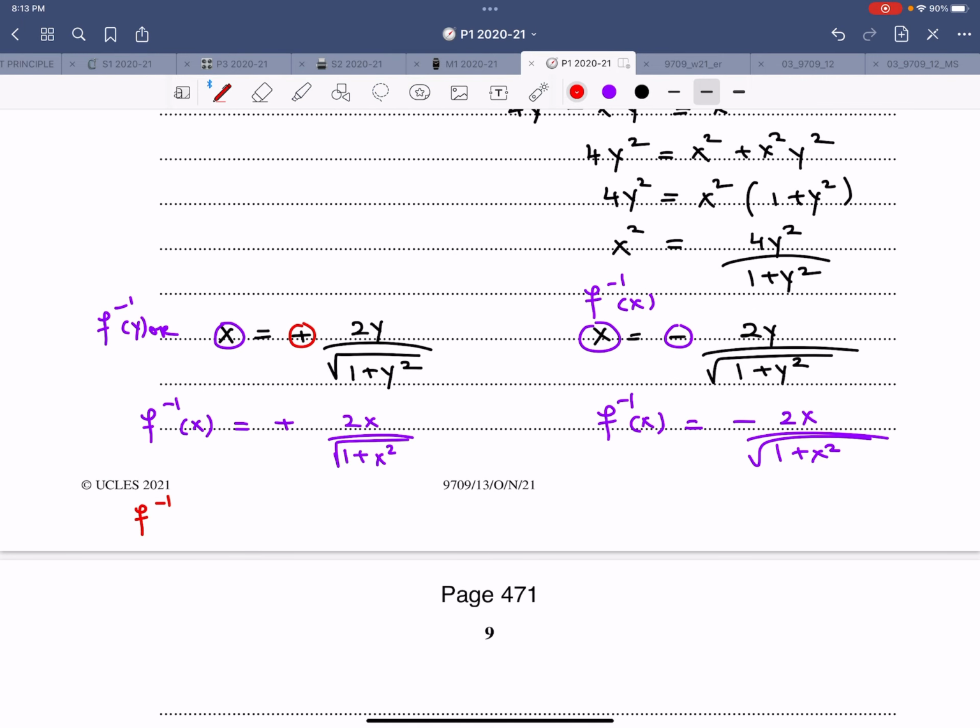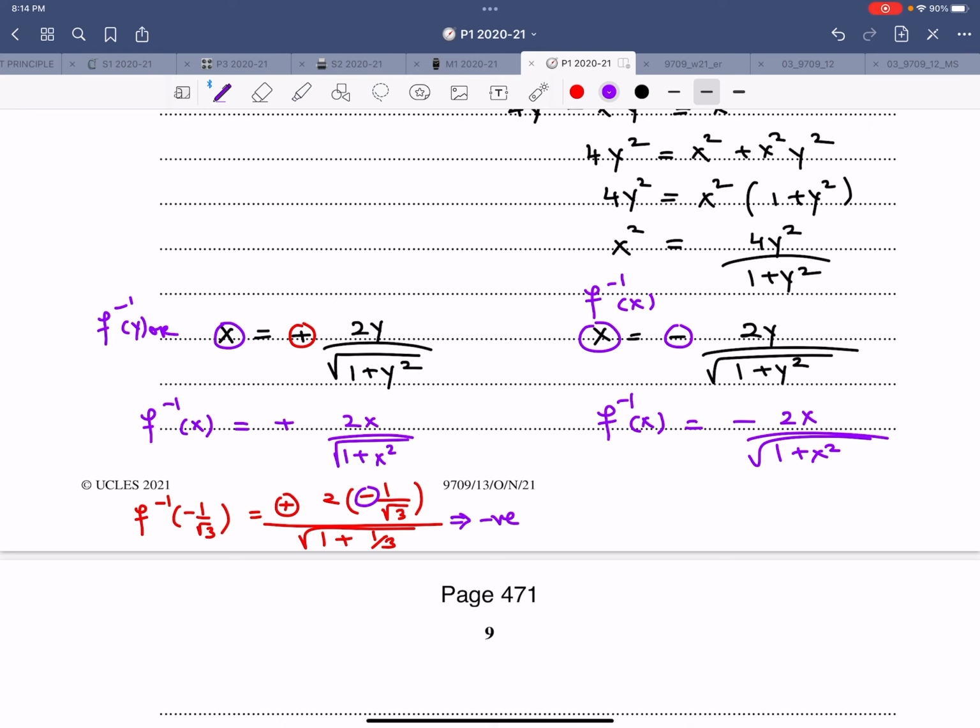So when I plug in, this is plus, this is 2 into negative 1/3, and this becomes square root of 1 plus 1 over 3. Now because of this minus sign, I'll be getting a negative value which is not required.